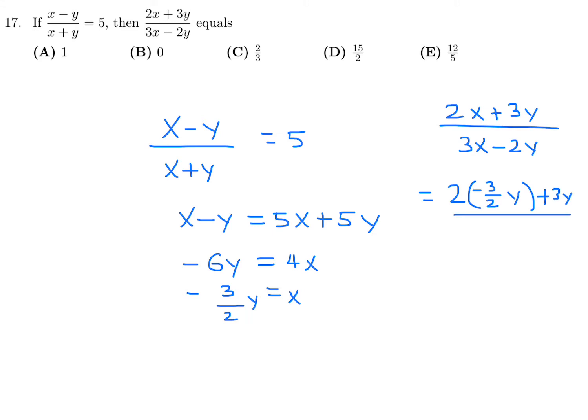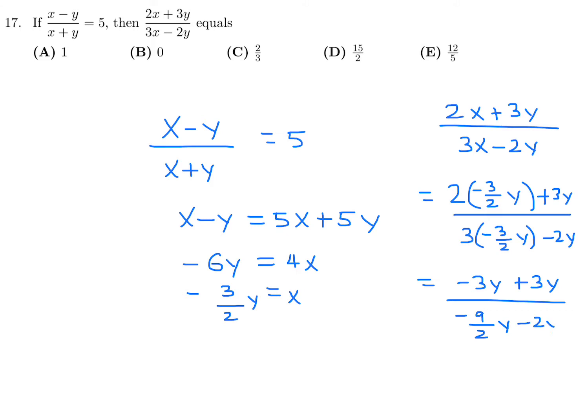And then on the bottom, 3 times minus 3 over 2 y minus 2y. So the top becomes minus 3y plus 3y. The bottom becomes minus 9 over 2 y minus 2y. The top is 0. Okay, well, that's it. Number 17, the answer is B.